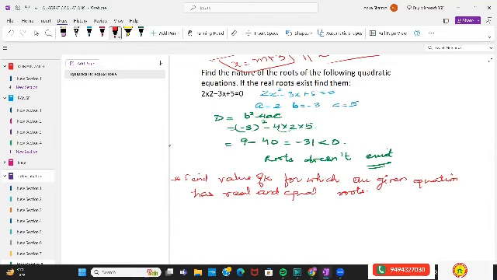Suppose the question is given like this: 2x square minus 10x plus k is equal to 0. So how will you solve it?